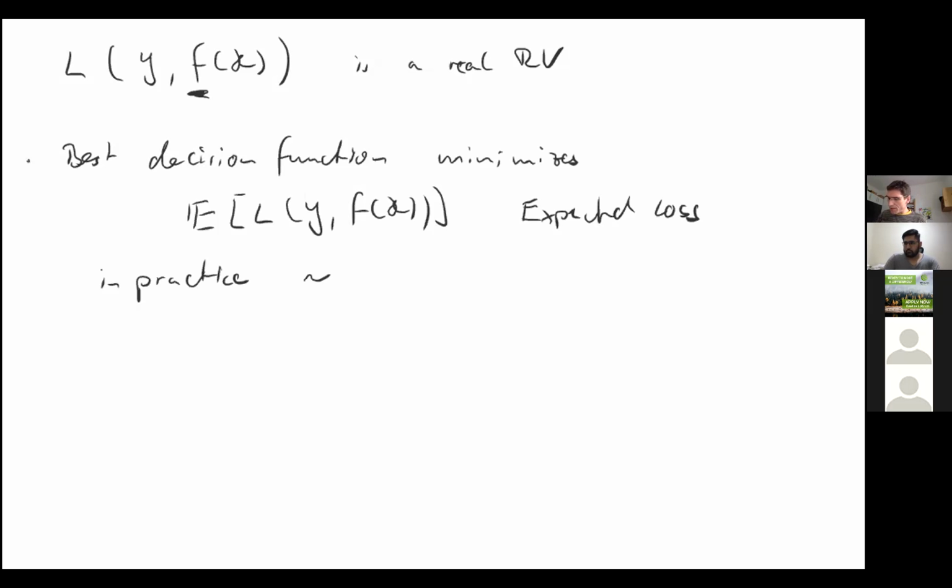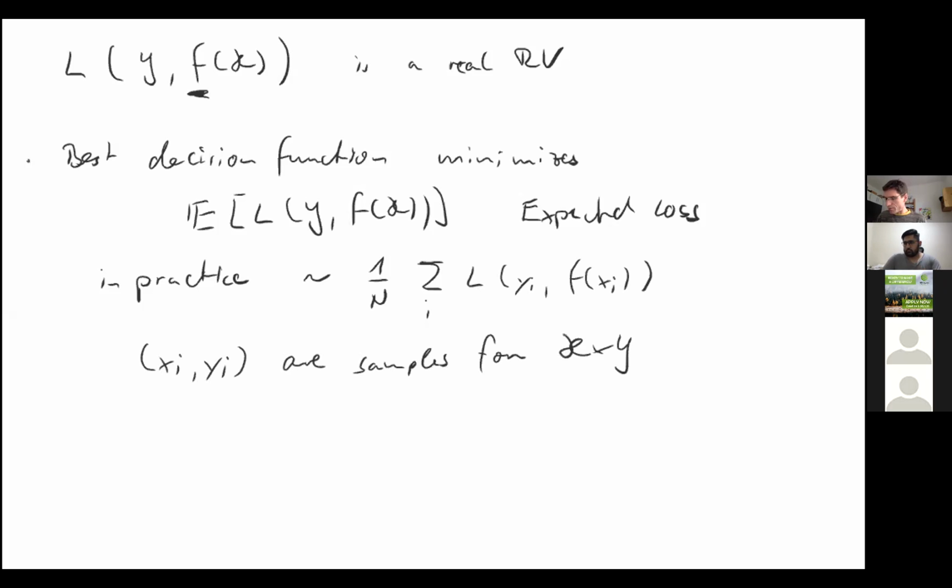So this expected loss is approximated by the average: 1 over n, you sum up over i, and here you have your loss function with yi and f of xi, where xi and yi are samples from the joint distribution, and this is also known as training data.